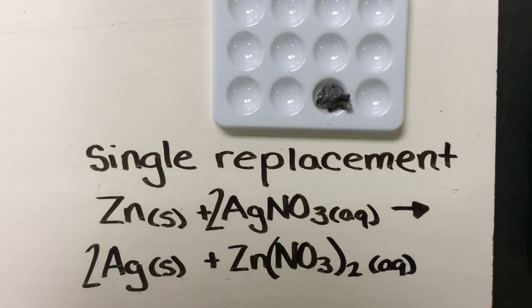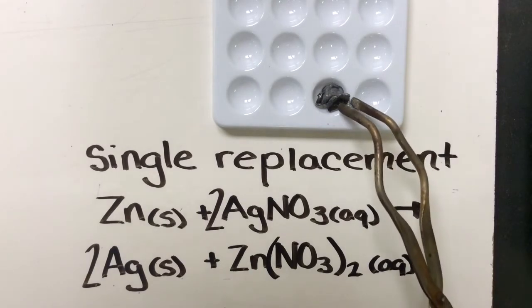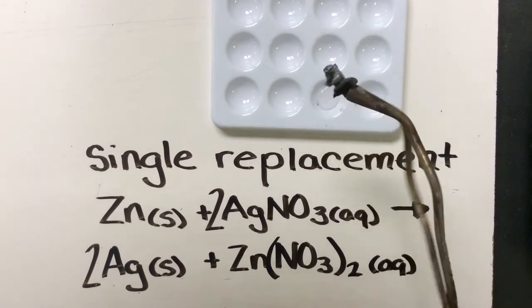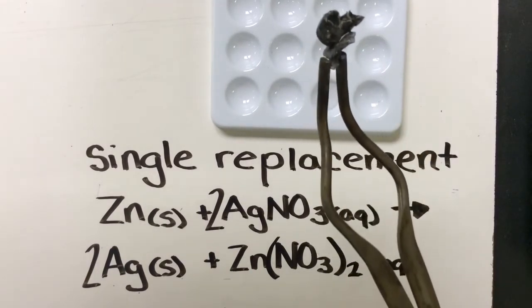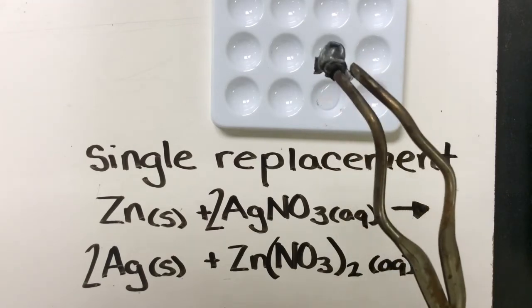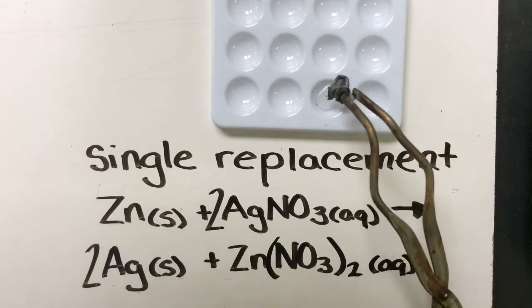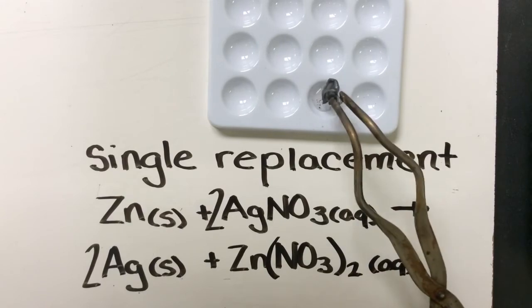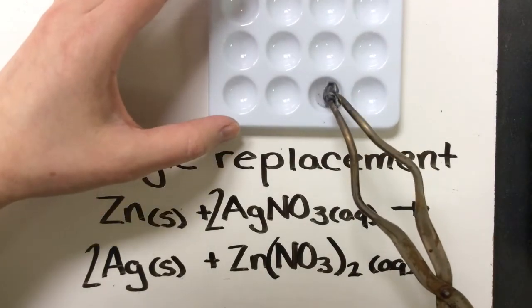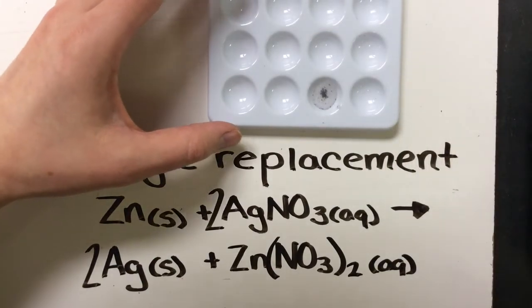It's kind of hard to see, so I'm going to pick the piece of zinc up with a pair of tongs and try to tap off some of the silver so you can see it better. All of those pieces that are coming off of that zinc metal are in fact silver that had come out of the solution.